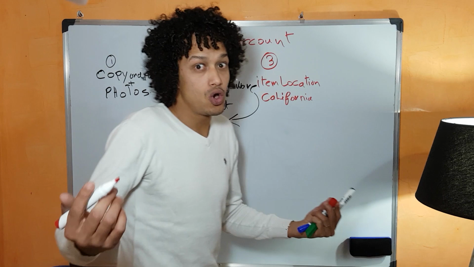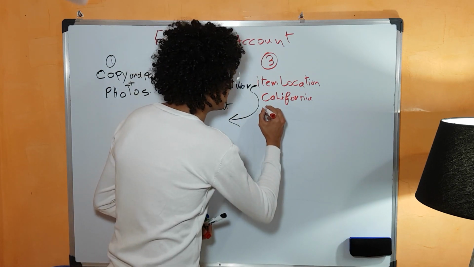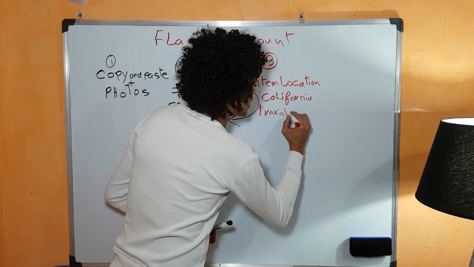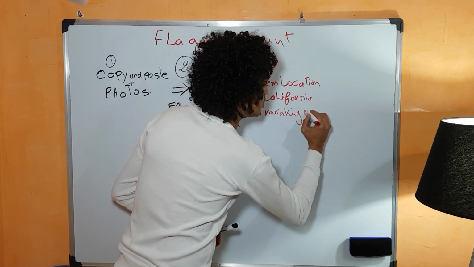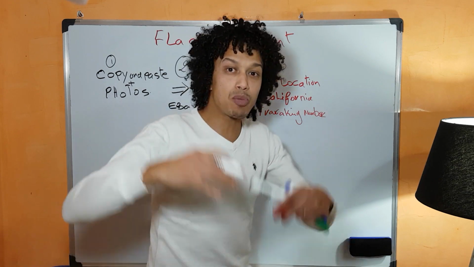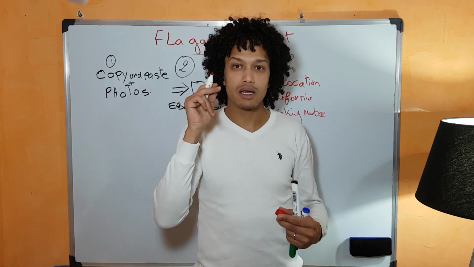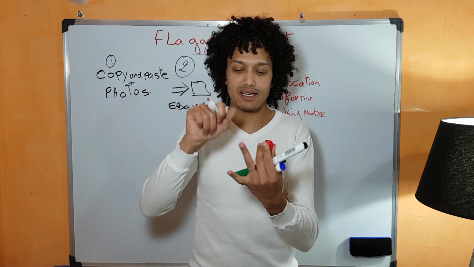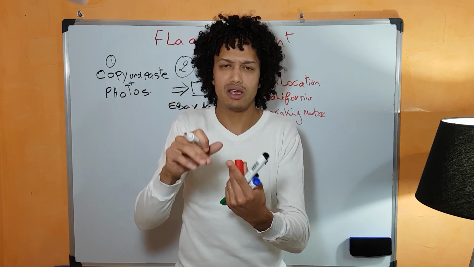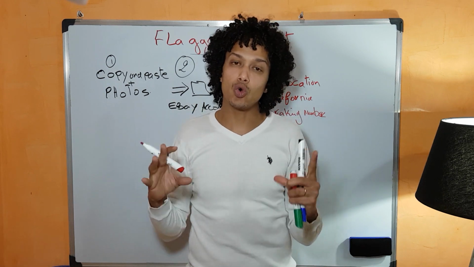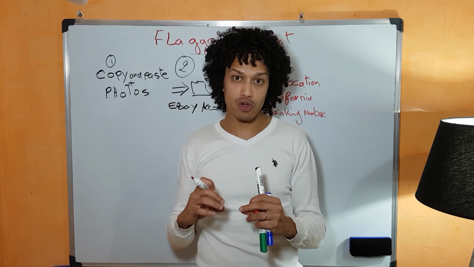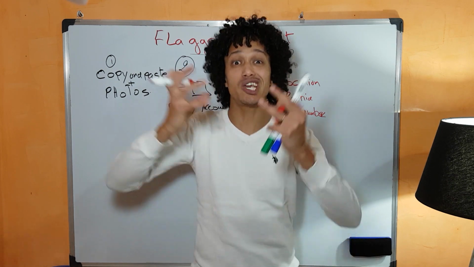How do you know? Of course, when you're uploading the tracking number, we're talking about FedEx, Aramex, DHL, USPS, UPS, all those tracking numbers have a location of the product, where the product was shipped from.